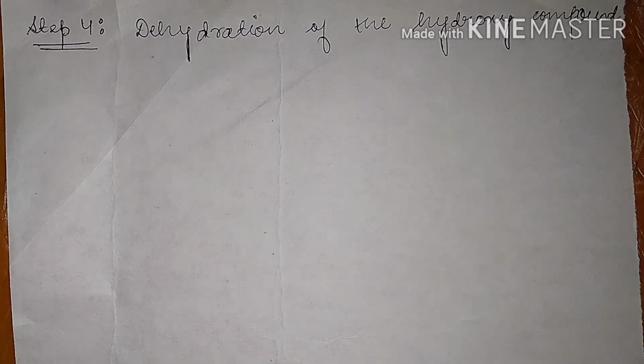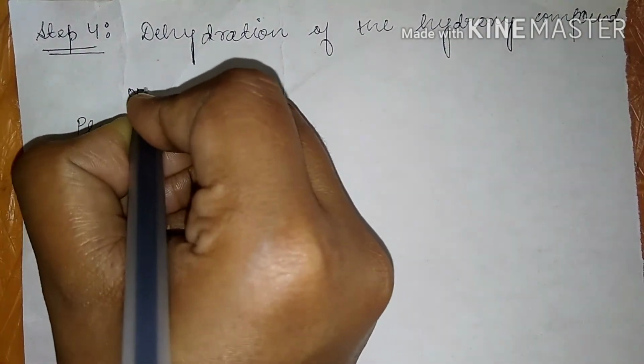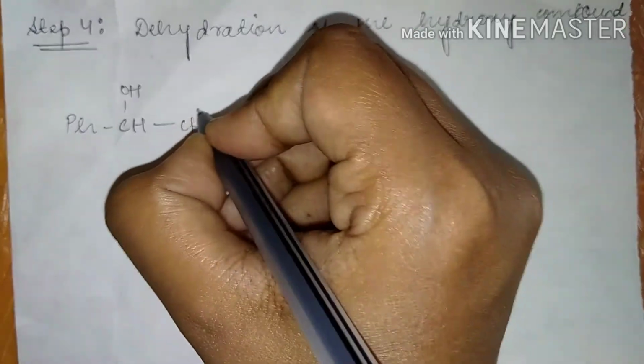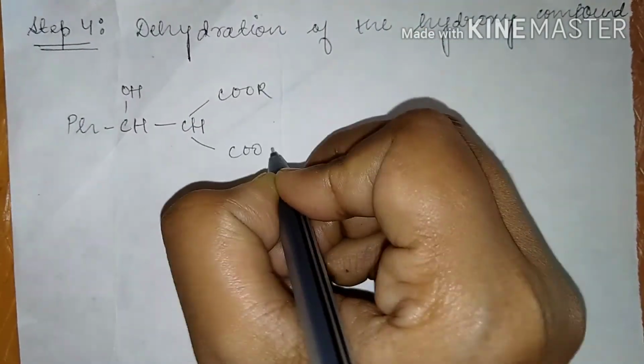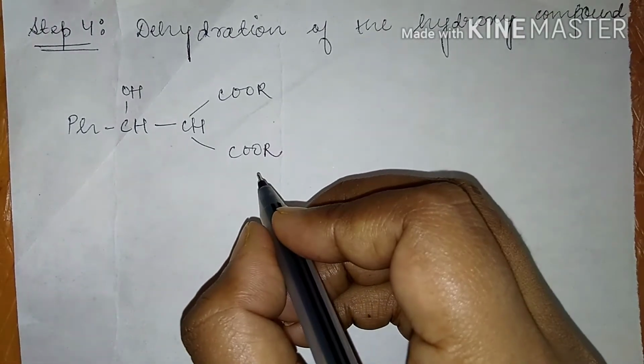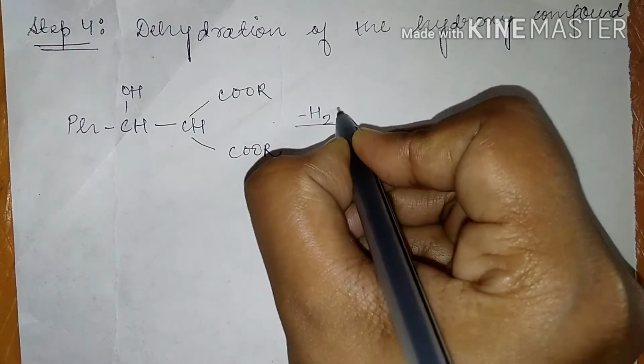The fourth step is the dehydration of the hydroxy compound which we obtained in step 3. We write down the compound again. Elimination of a water molecule will take place here.